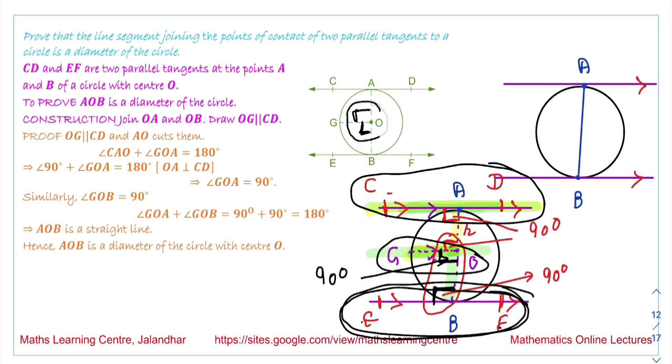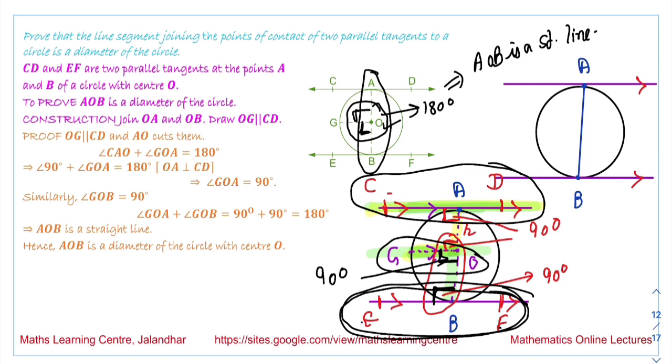It means at this point O, the sum of the angles at OA and OB is 180 degree, and this gives us that AOB is a straight line joining the points A and B, and it is passing through the center of this circle. And we know that a line joining the endpoints of a circle passing through the center is called the diameter. So this line AOB is the diameter of the circle with center O.